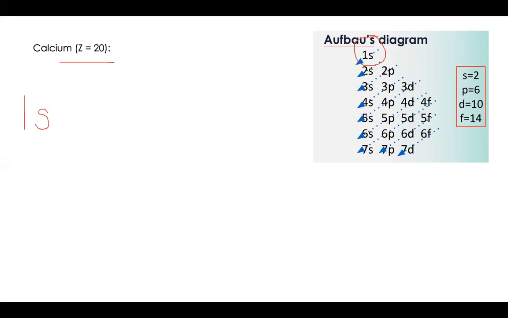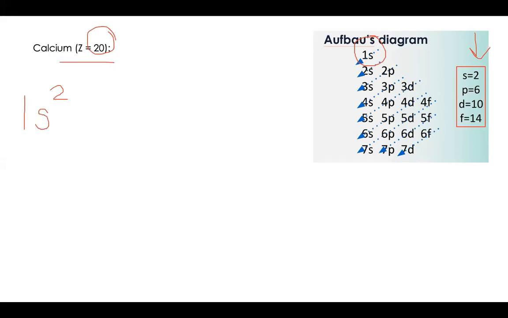So we start with 1s. The maximum amount of electrons that s can hold is 2, so I'm going to place 2 electrons. This 2 tells me that of the 20 electrons that calcium has, I have placed 2, and I'm still pending placing 18 more.